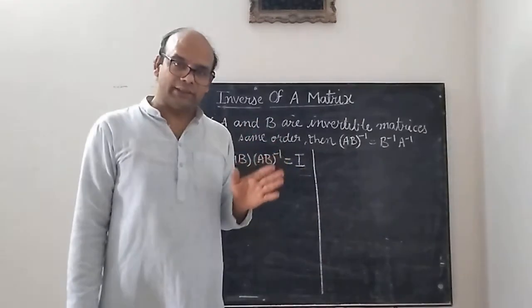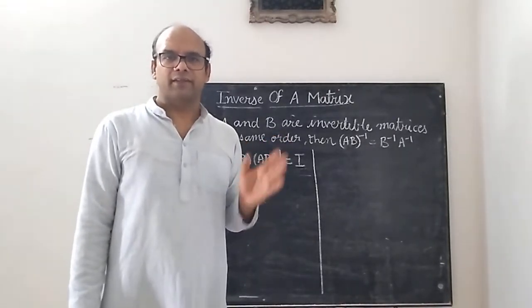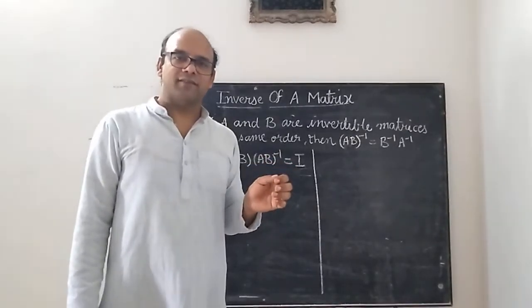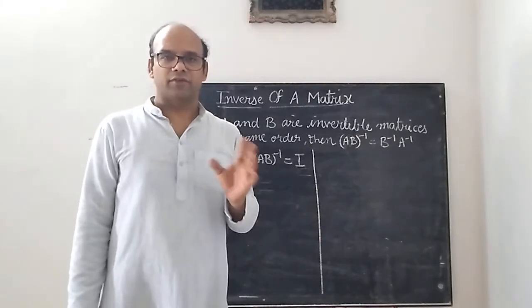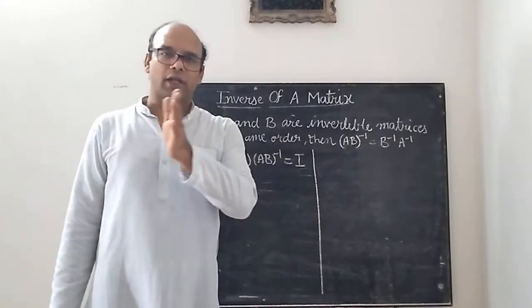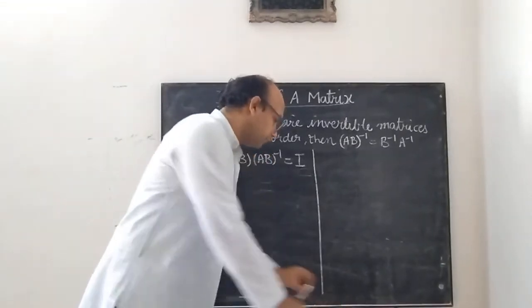That has to be mentioned to take care of the fact that matrix multiplication is not commutative. Just by saying that we are multiplying a matrix A with the matrix B, it is not sufficient. Are we talking about AB or BA? It is very important.